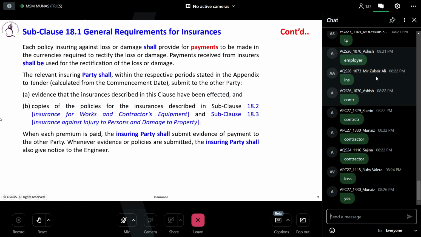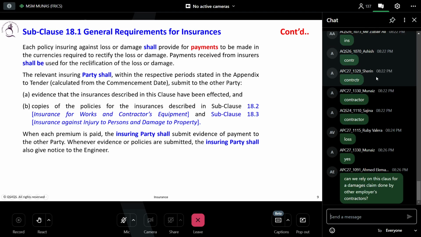18.1. Go back to 18.1. So it says each policy, okay, any question we will discuss at the last. Now listen, because there are so many things to understand.